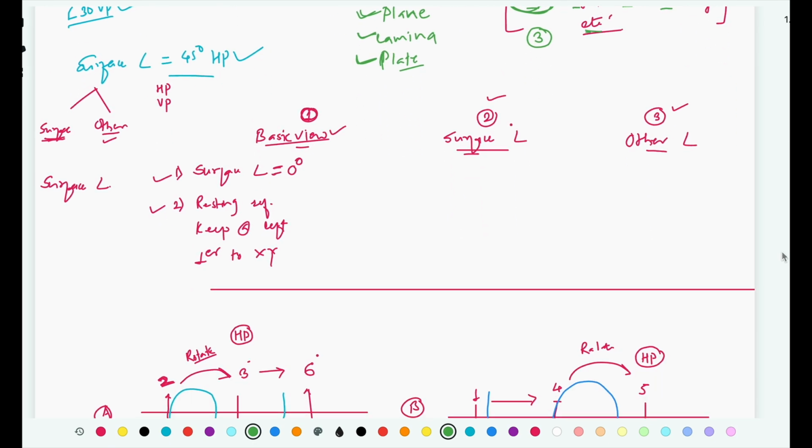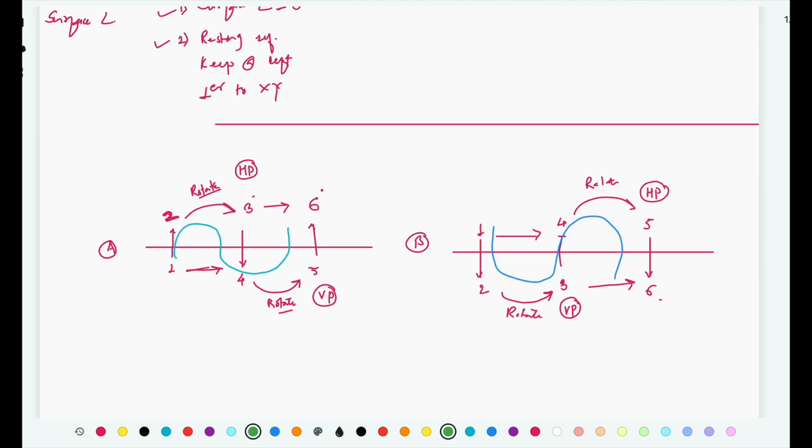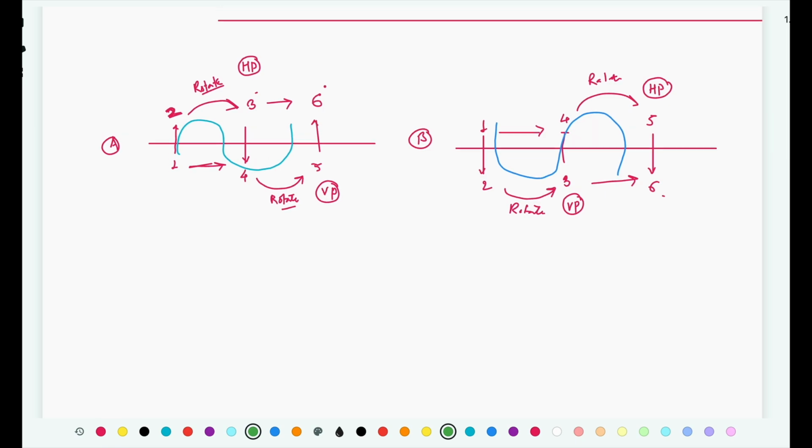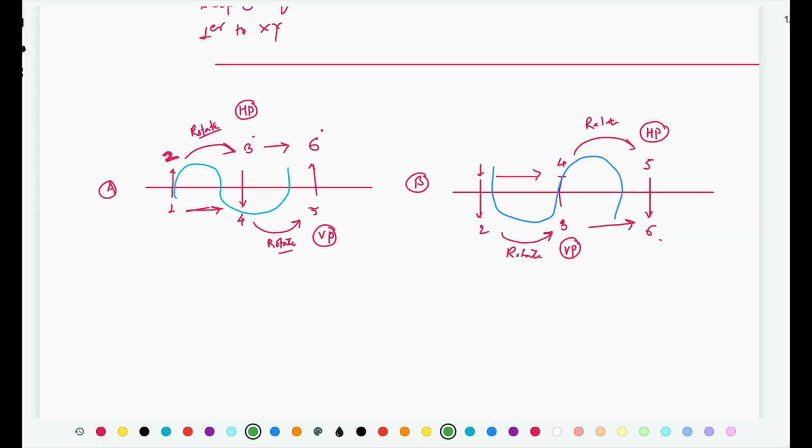Okay, so let's come to this scenario now. Now let's see whether we are going to follow scenario A or scenario B. The rectangular plane resting on shorter side in HP, surface is inclined to HP and side is inclined to VP.